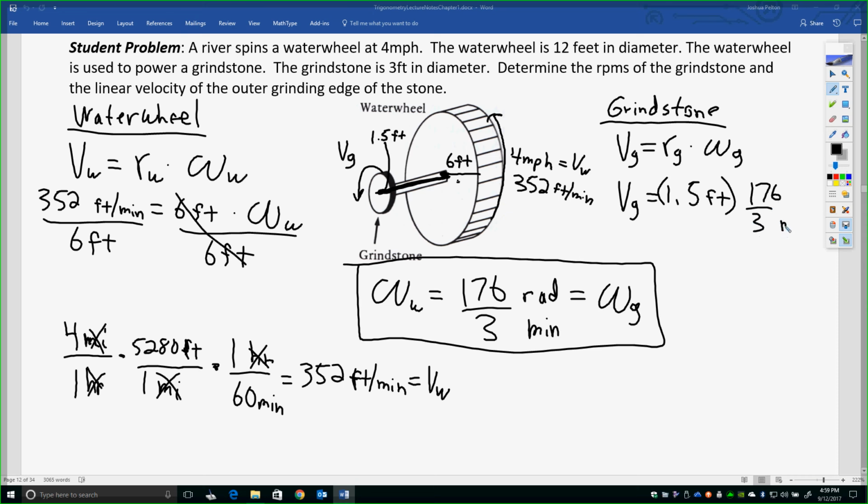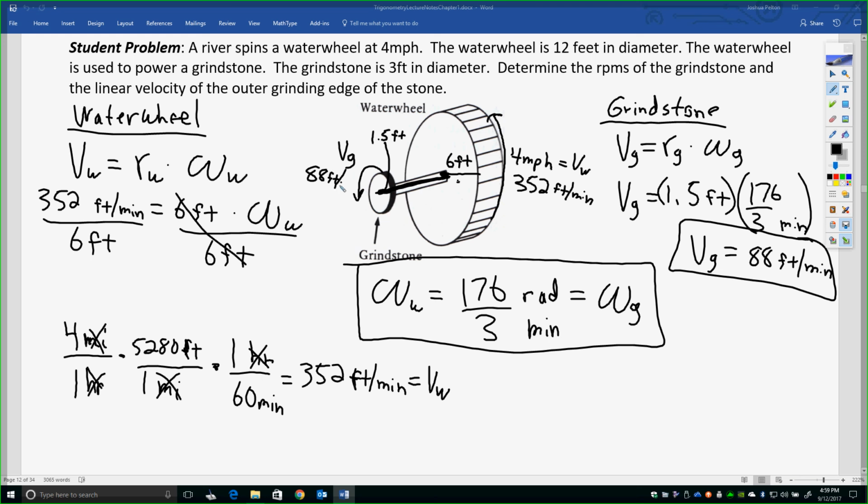And again, we're just going to keep the minutes on there. So the velocity of the grinding stone is going to be in feet per minute. And that gives me a final calculation of 88 feet per minute. So that is how fast the outer edge of this is spinning.